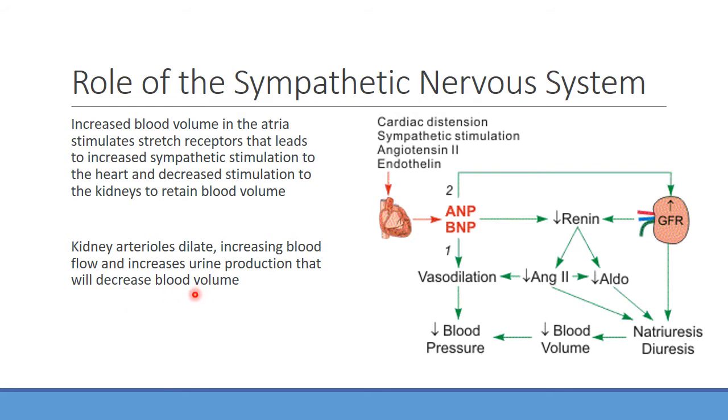So if you have too much atrial stretch, you end up with increased elimination of fluids from the kidneys. Getting rid of that decreases the atrial stretch, which decreases release of ANP, and now we have a negative feedback loop, because we want to maintain homeostasis.